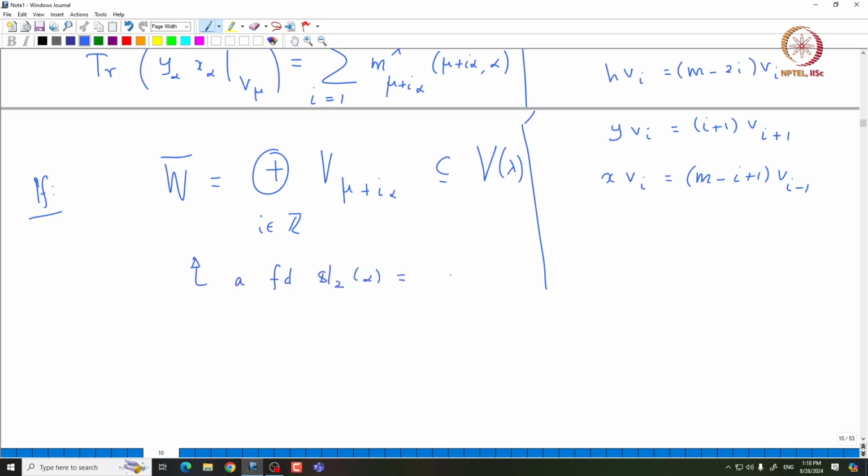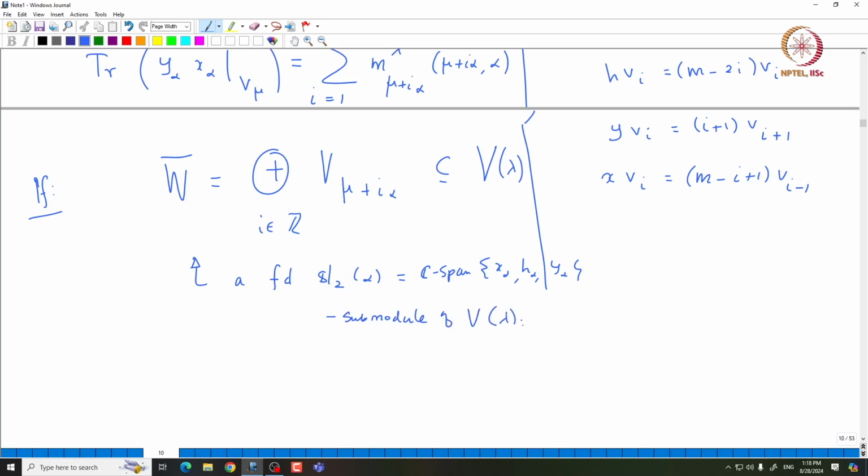The SL2 alpha copy is nothing but the C span of X alpha, H alpha and Y alpha. Then this W bar is a finite dimensional SL2 alpha submodule of V lambda.